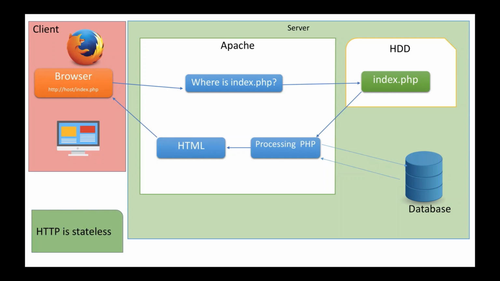As we say, this type of communication is stateless because the server never knows what the client could do once he gets the page. When the client requests the page, the server sends it, and the server has no control over that page.